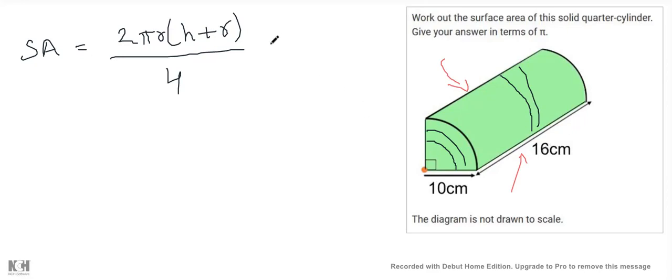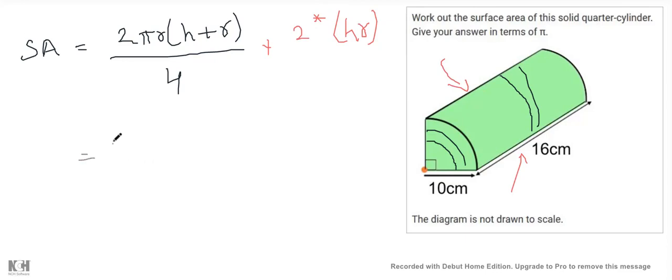We know that the area of the rectangle is length times width. Here the length is 10 and the width is 16. 10 actually is r and 16 actually is h. So I can write it as 2 times h r.